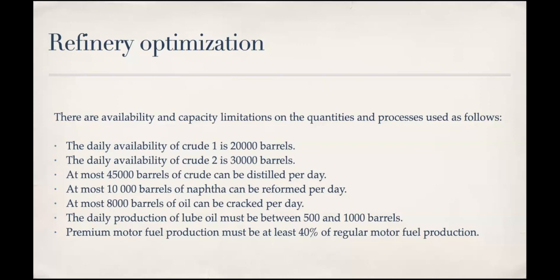At most, 45,000 barrels of crude can be distilled per day. This is the capacity of the distillation column. And this one is the capacity of the reformer, 10,000 barrels per day. And for the cracking process, the maximum capacity is 8,000 barrels.